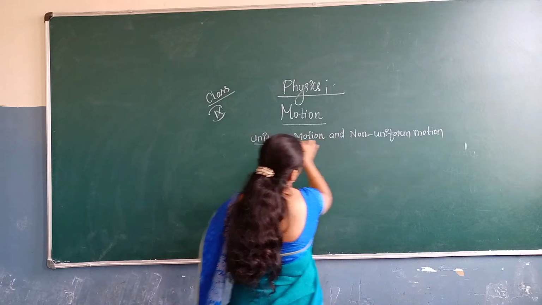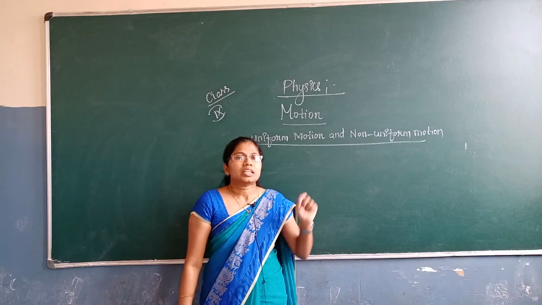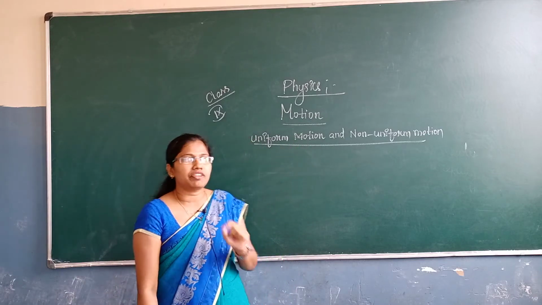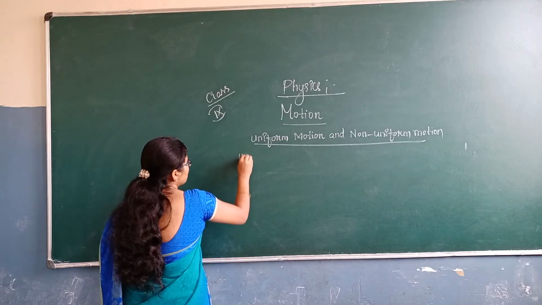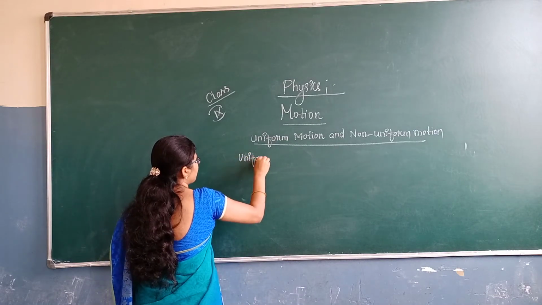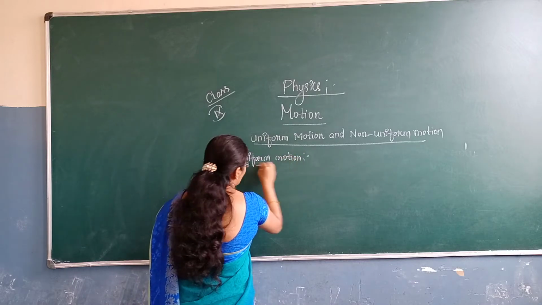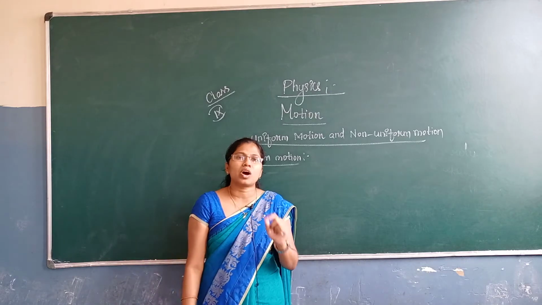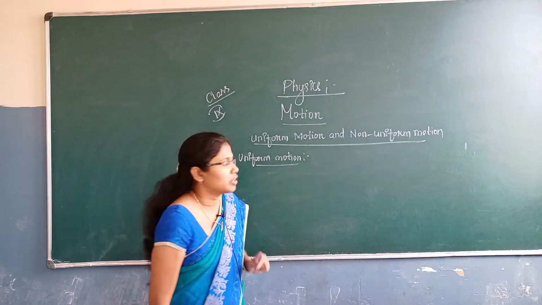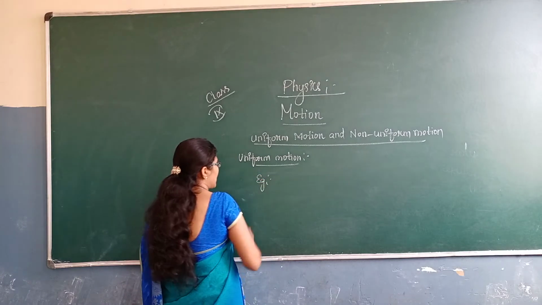First I am going to explain what uniform motion is, then afterwards I will define non-uniform motion. To define uniform motion, I am going to consider an example.